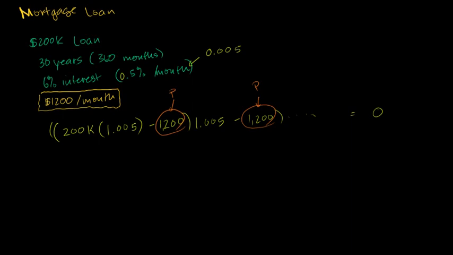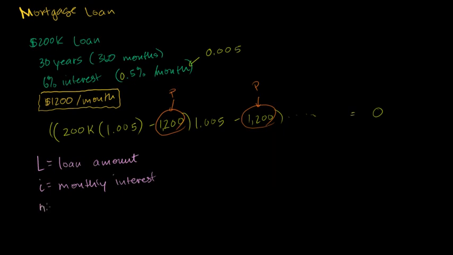And to do that, let's get a little bit more abstract. Let's say that L is equal to the loan amount. Let's say that I is equal to the monthly interest.